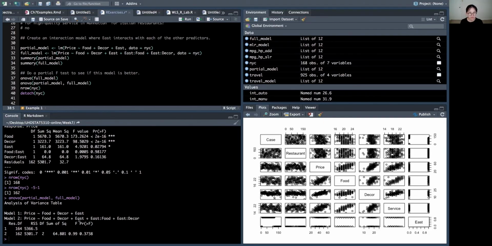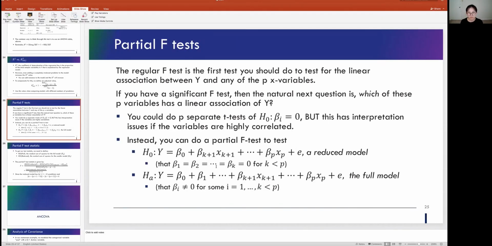This test is performing the partial F-test where, in our example, the full model has 5 predictors, and in the reduced model we removed beta 4 and beta 5. So in this case, the null hypothesis H0 is beta 4 and beta 5 being 0.